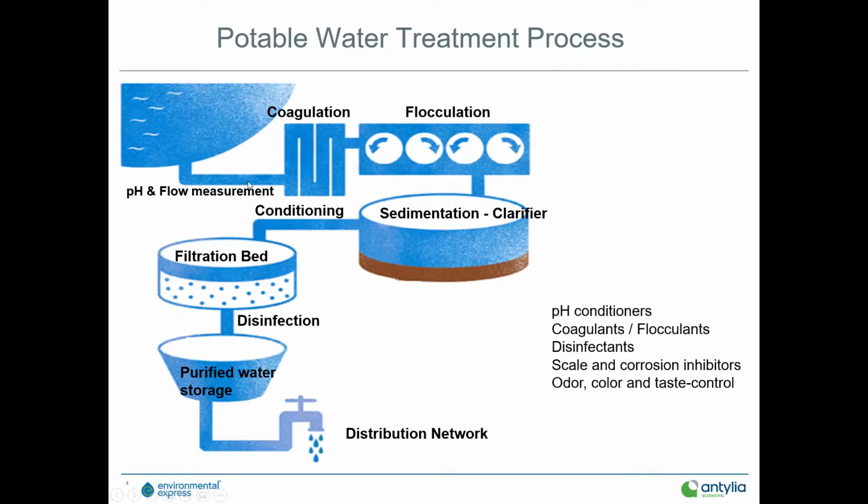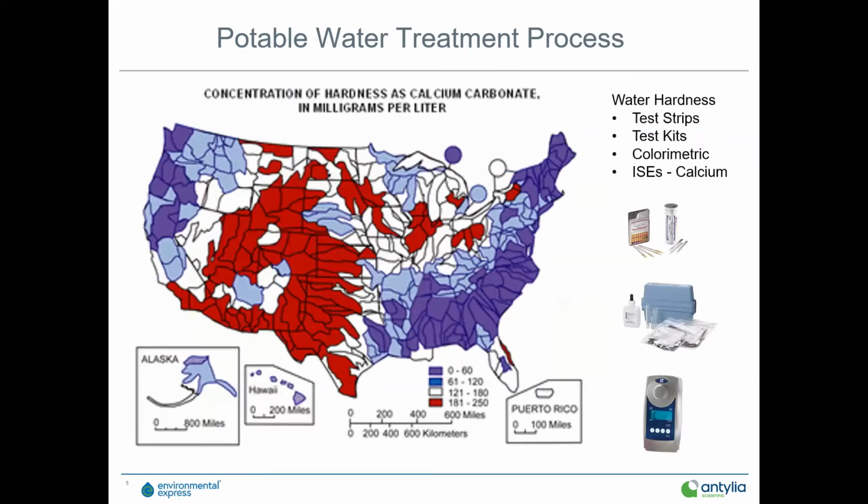Your pH and flow is measured coming into the plant. Coagulation or flocculation takes place. Sedimentation will occur in the clarifier. If additional conditioning is required, that is the next step. It'll then travel through a filter bed, finally to disinfection and to an on-site storage.